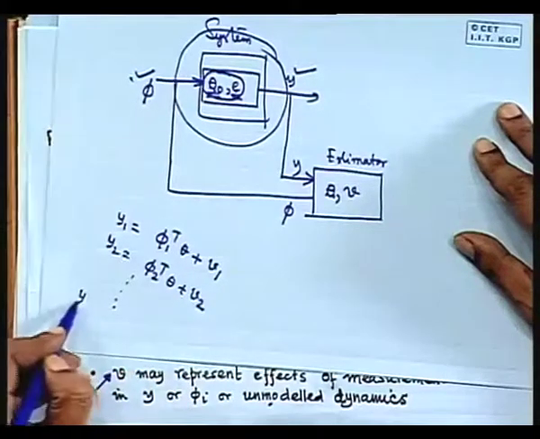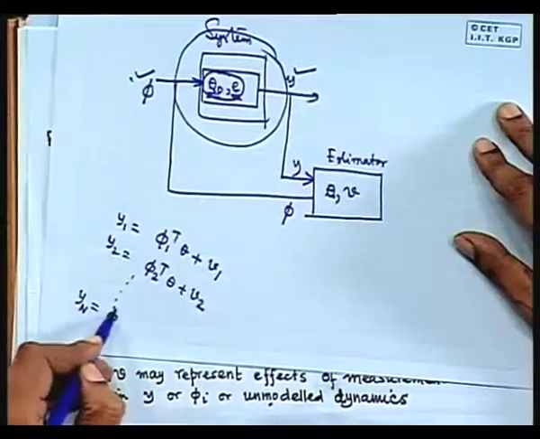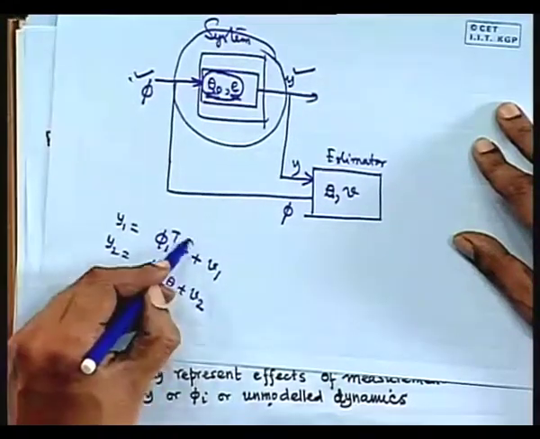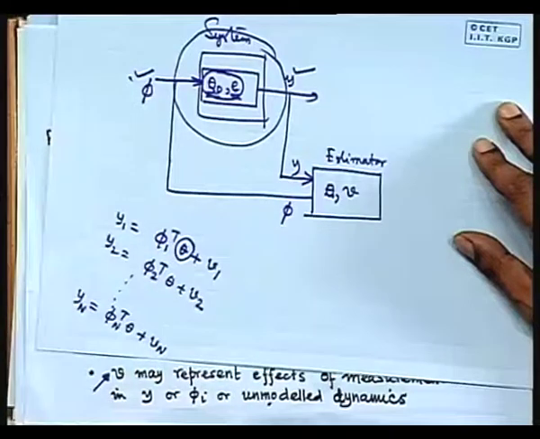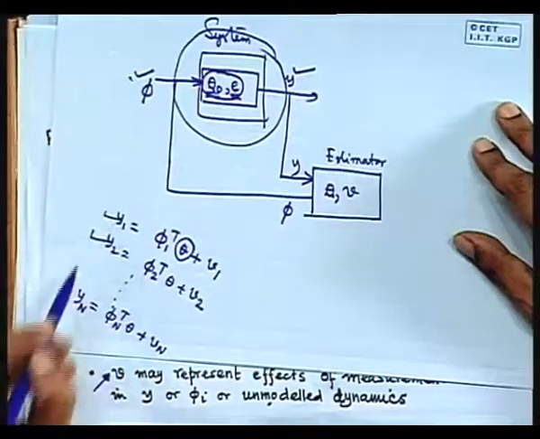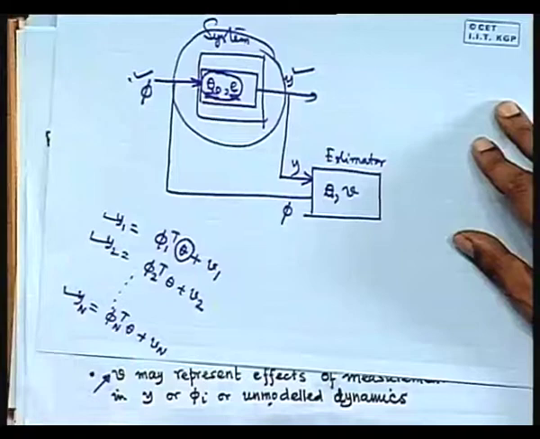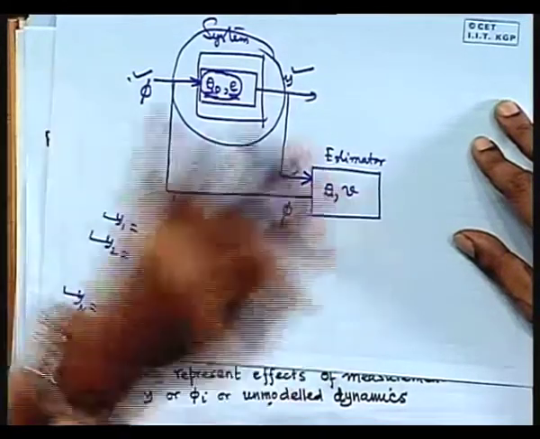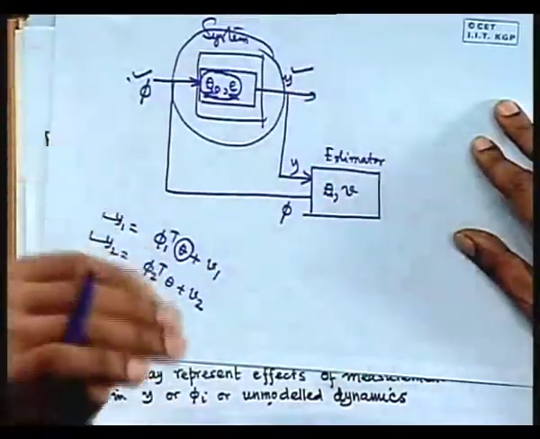In this way I have say n number of data points, up to plus vn, and I want to find a single parameter vector theta such that all these equations are satisfied in the best possible manner. That is my problem, because I have a number of experiments. When you did your physics lab, you had a number of points, and you wanted to fit one line which will approximately describe all these points, right?